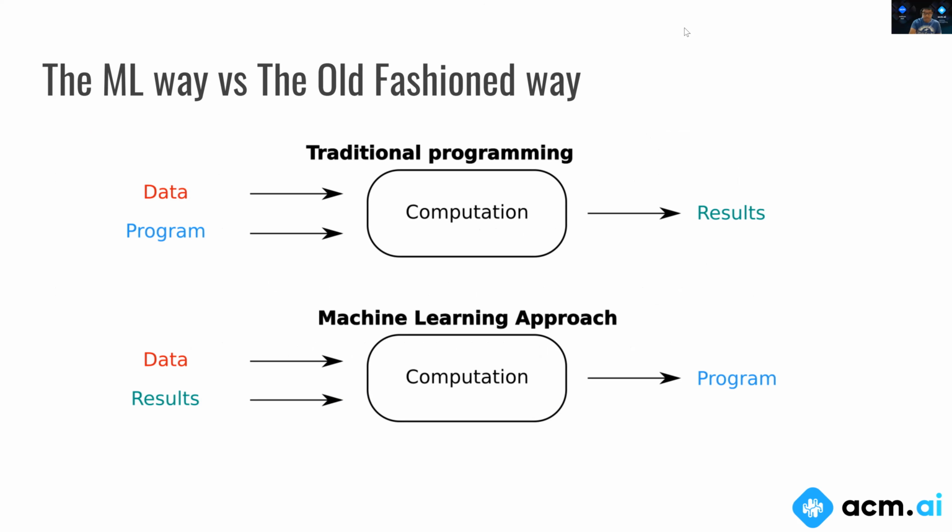Would you say target when the output is continuous and label if it's discrete?